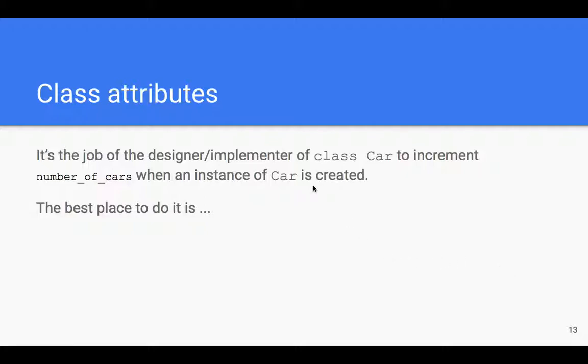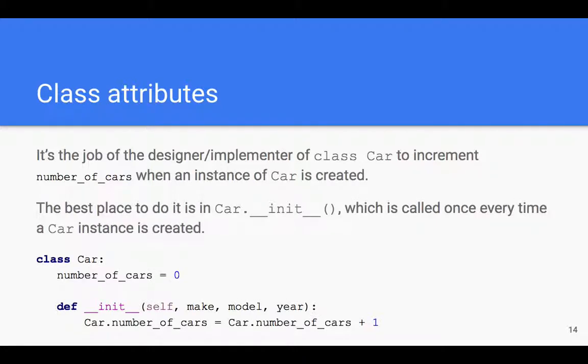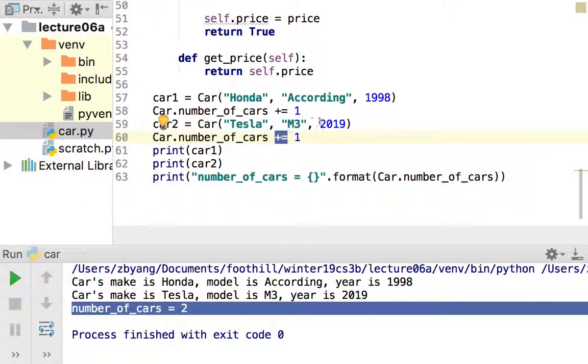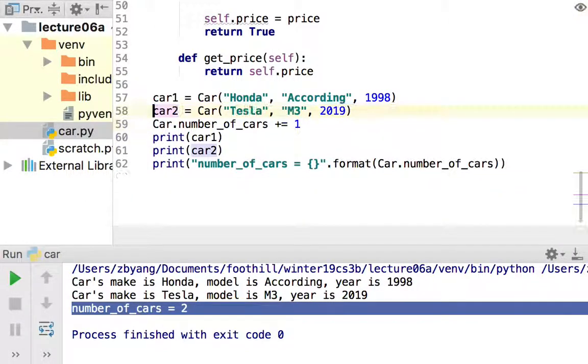So given that, what would be the best place to increment the number of cars? Think about it for a moment. It shouldn't be that hard. The best place to do it is in the dunder init, right? Because dunder init is called once every single time an instance of the car is created, right? So we can do that. Instead of doing it here, I'm just going to delete that.